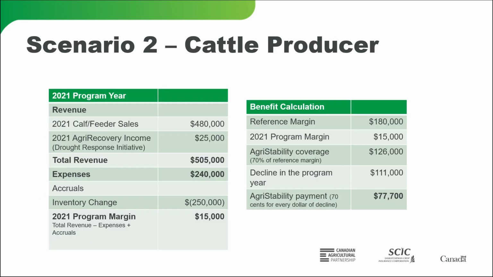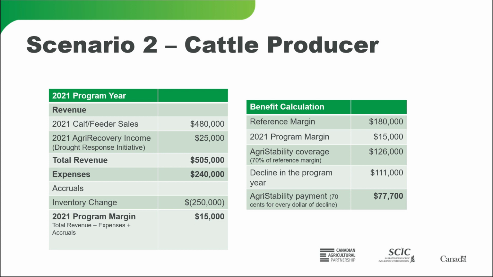So for this cattle producer, in the program year margin chart on the left-hand side, he sold his 2021 calf crop and those feeders for $480,000, had applied for the Drought Response Initiative and was paid $25,000 in the 2021 program year, with a total revenue of $505,000.